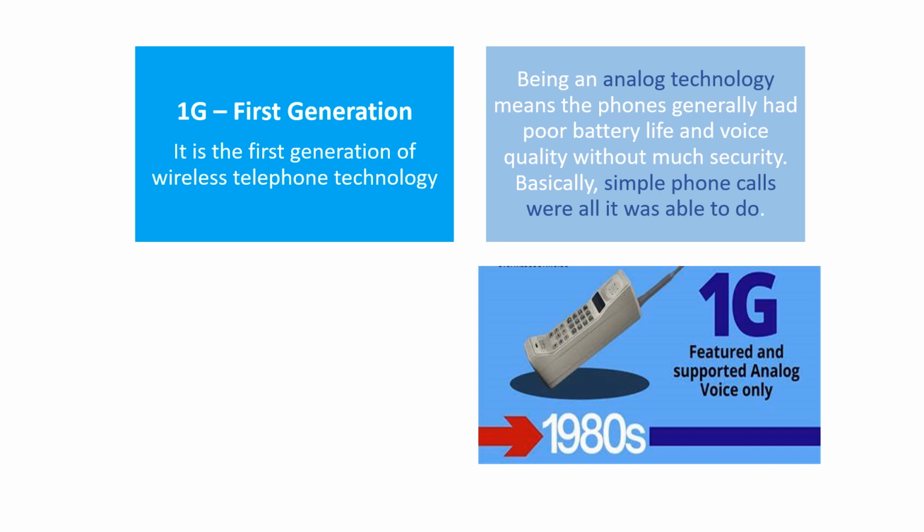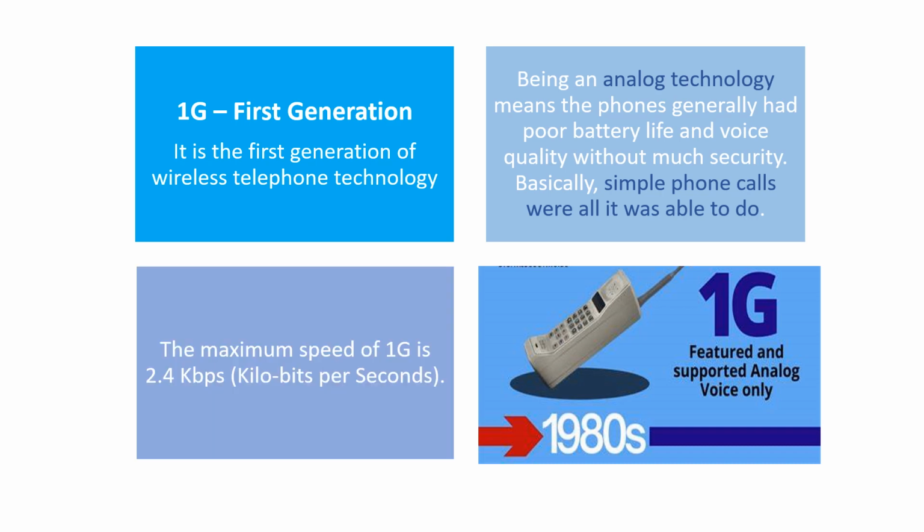This was in the 1980s, when the first wireless telephone technology emerged, and the maximum speed of 1G is 2.4 kbps.